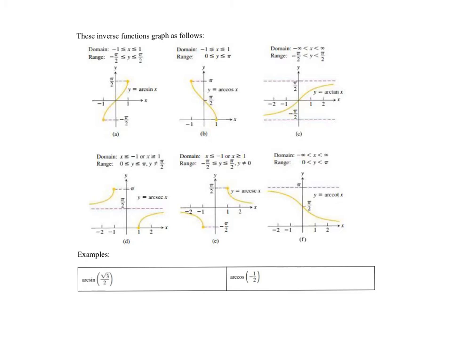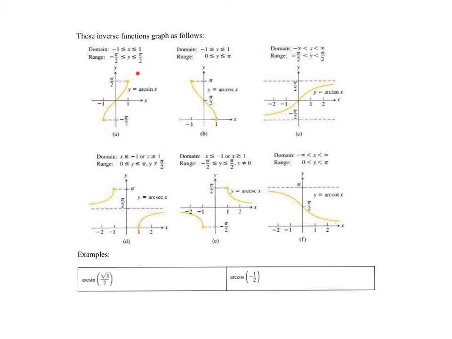These are what the inverse trig functions look like. Notice that the domain and the range from the original trig functions have swapped places. So originally, for sine, the domain was from -pi/2 to pi/2, and the range went from -1 to 1.